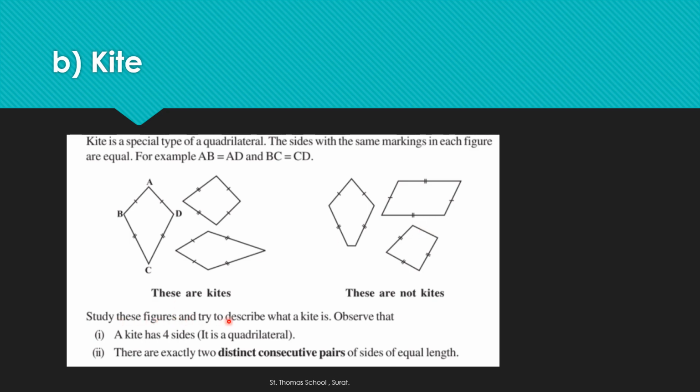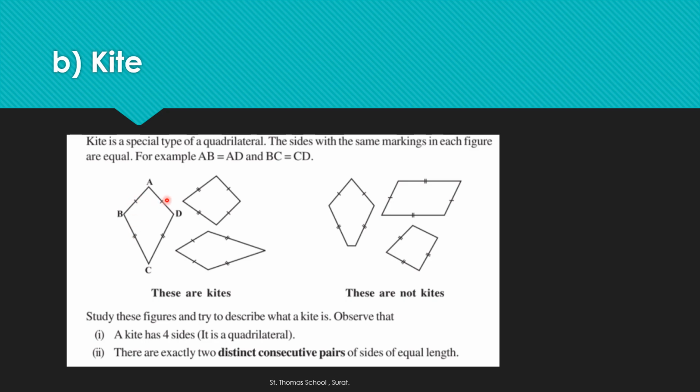Study these figures and try to describe what a kite is. Observe that a kite has four sides. So how many sides for a kite? Four sides. There are exactly two distinct consecutive pairs of sides of equal length. Distinct means different and consecutive pairs. So these two are consecutive pairs.